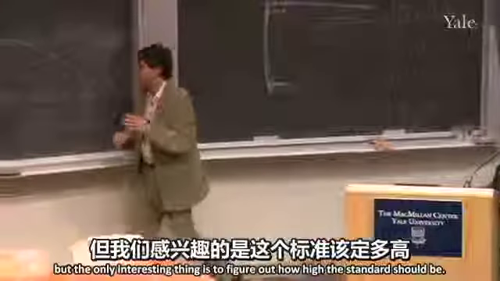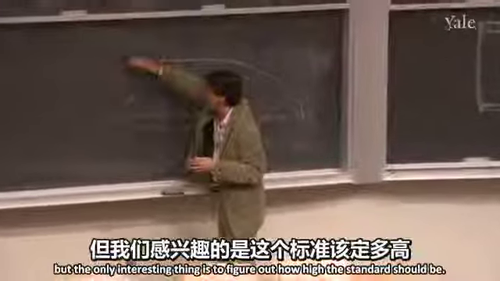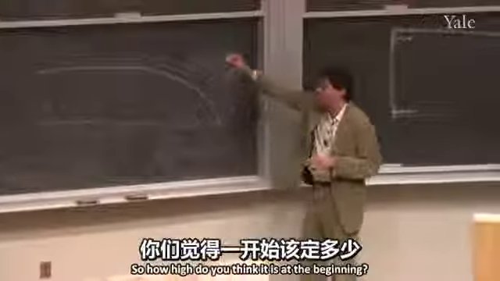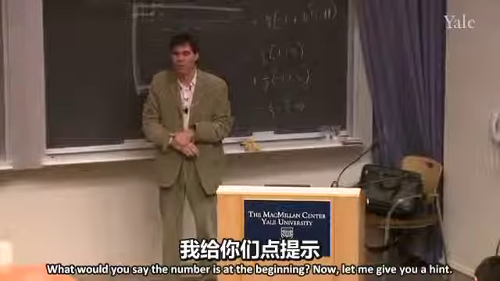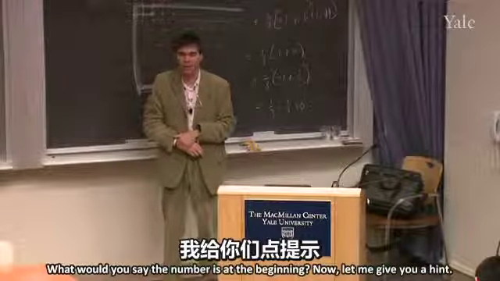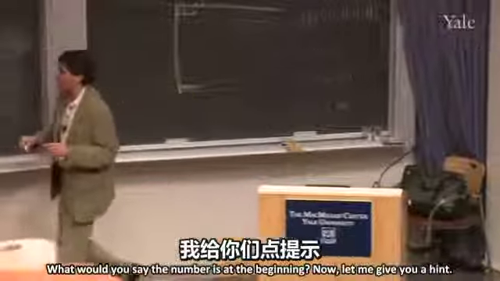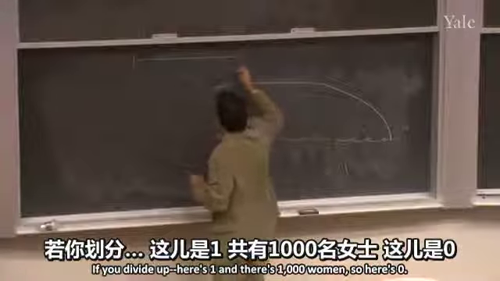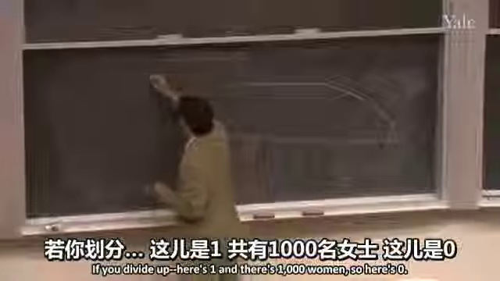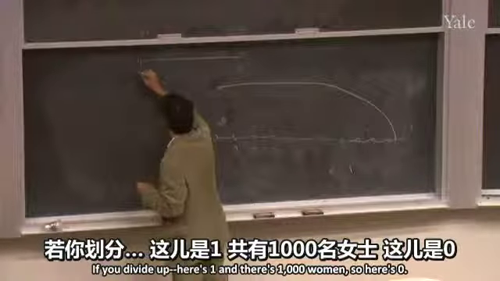But the only interesting thing is to figure out how high the standard should be. So how high do you think it is at the beginning? What would you say the number is? Okay, now let me give you a hint. If you divide up, here's 1, and there's 1,000 women, so here's 0.